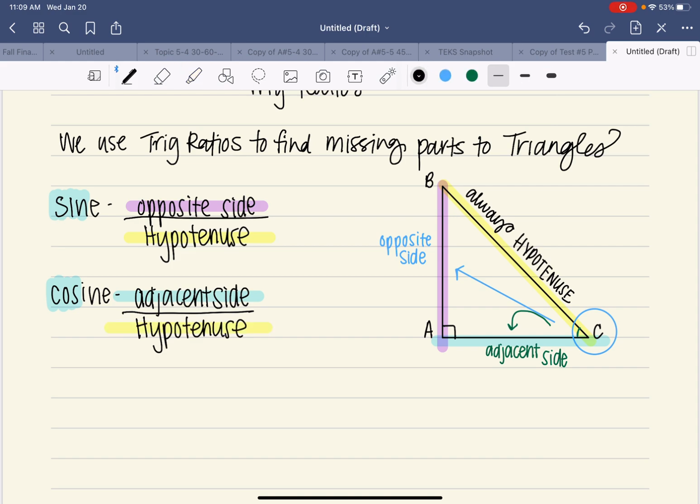And then last but not least, we have tangent, which, you guessed it, we abbreviate as tan. And it is the opposite side over the adjacent side.